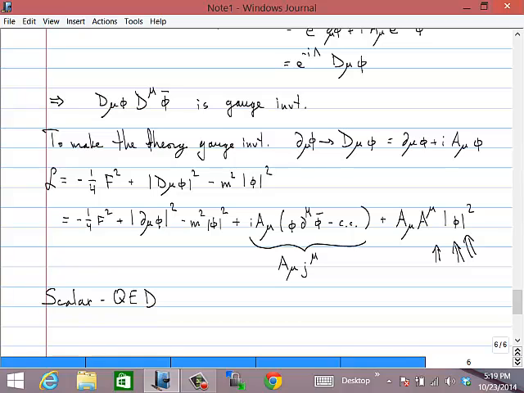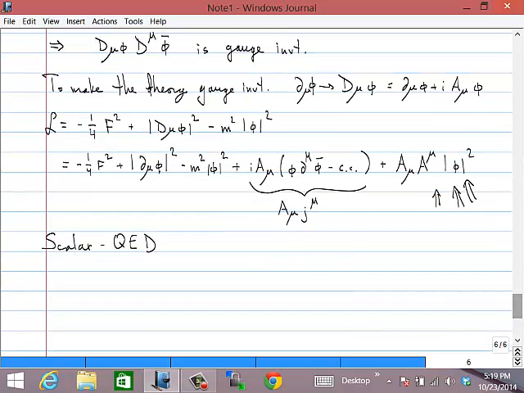In particular, let's imagine that we had some additional dynamics, so that your theory was not just electromagnetism coupled to a scalar field, but rather that scalar field had some complex potential.